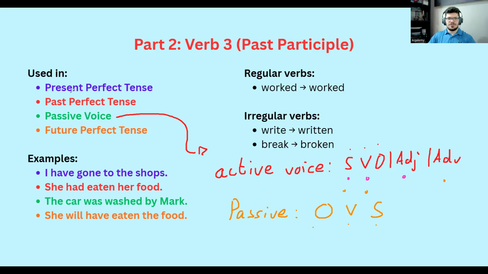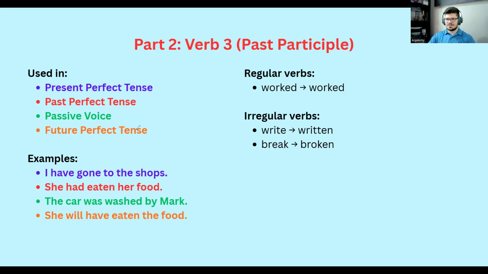Let's look at present perfect tense. In this situation, I have gone to the shops. Now have is present, but because of this combination, it actually tells us this action happened in the past and now it is finished.